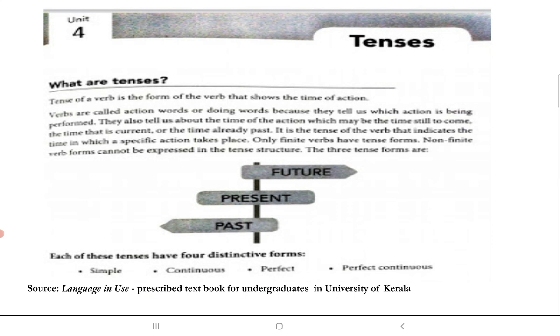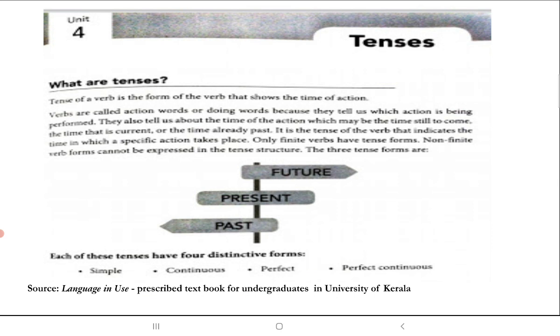So we will discuss what is a finite verb and what is a non-finite verb when we deal with it in the respective places. So how non-finite verb forms are expressed in tense structure, we'll learn in this lesson itself.